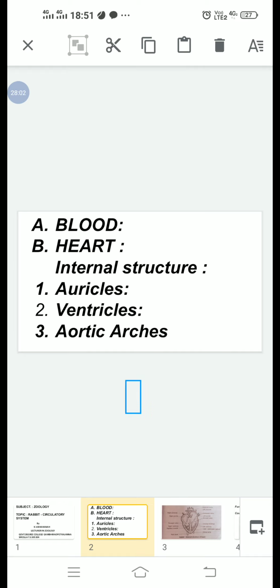Next, heart. The heart is the central muscular pumping station of the circulatory system. It is situated in the mediastinum, the region between the two lungs. It is pear-shaped, broad anteriorly, and the pointed apex is directed posteriorly to the left.